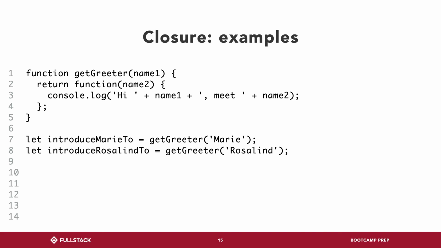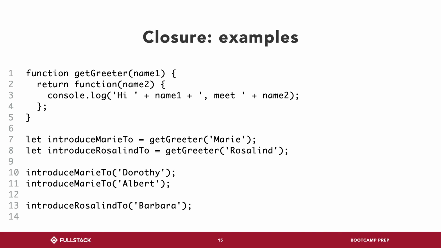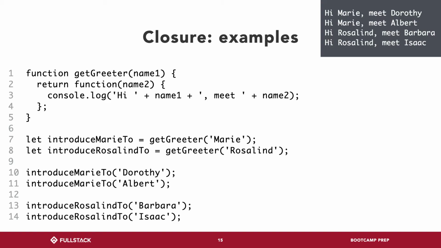So this is the exact same function. However, we are just naming them different things. Like this is the same function as before, but I'm saying let introduceMary equal getGreeter, pass in Mary. Introduce Rosalind, getGreeter, pass in Rosalind. Introduce Mary to Dorothy, introduce Mary to Albert, introduce Mary to Rosalind, introduce Rosalind to Barbara, whatever.